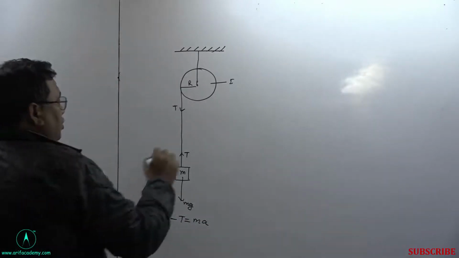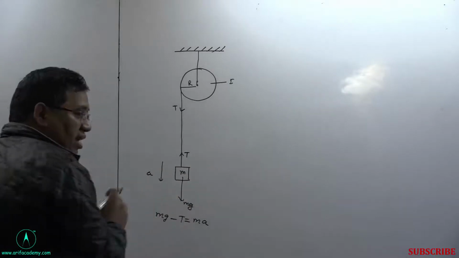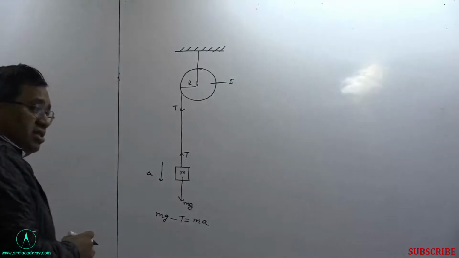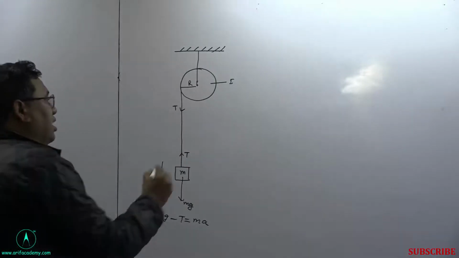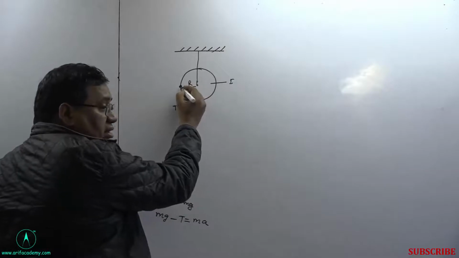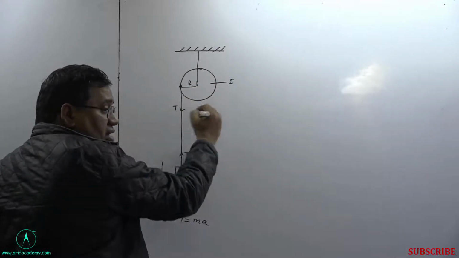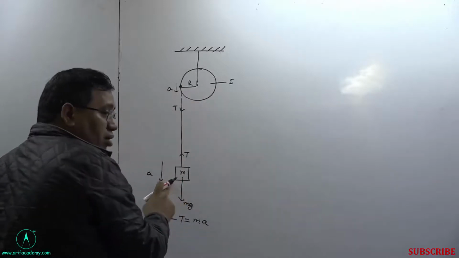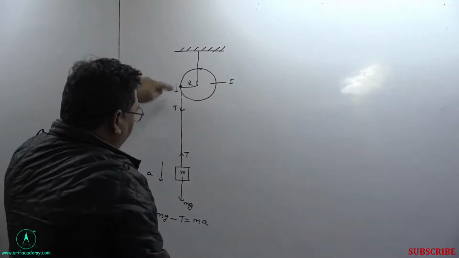Okay. So if this block comes down with acceleration a, every point on the string will have the same acceleration. So this acceleration will also be of this point on the rim of the wheel, because both are connected.